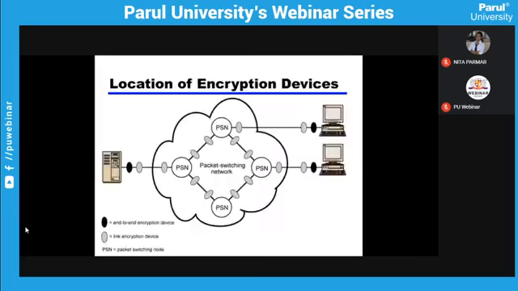Now we will see another concern, which is the location of the devices. In a packet switching network, which is used in the internet protocol, the location of the devices also needs to be kept secure.